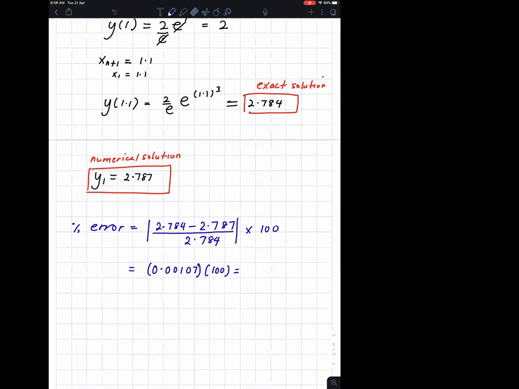Sir, I get 0.107, sir. Okay, thank you, Pavitran. That's what we are getting. The percentage error is around 0.1%.